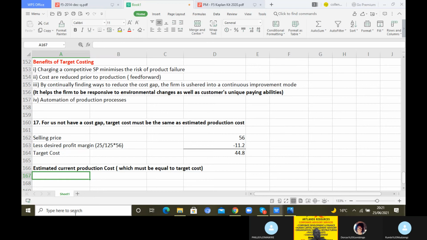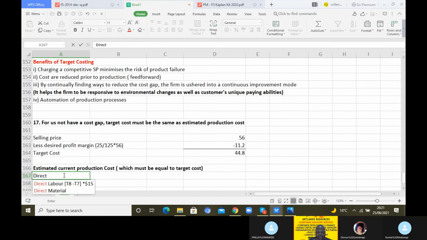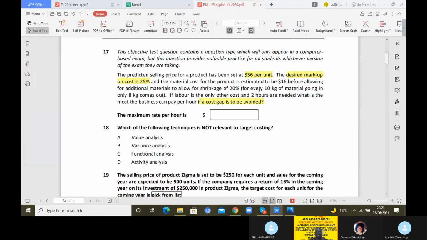So estimated current production cost: direct material. Notice I'm given that direct material is $16, but before allowing a shrinkage of 20%.